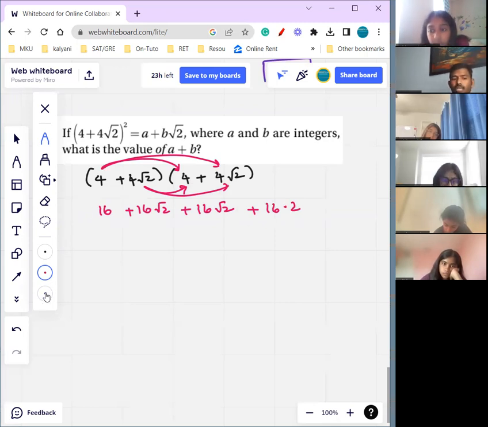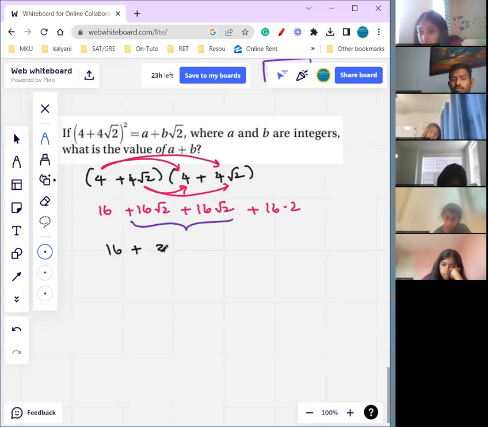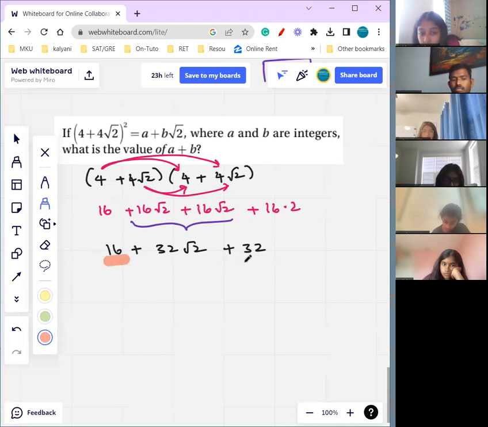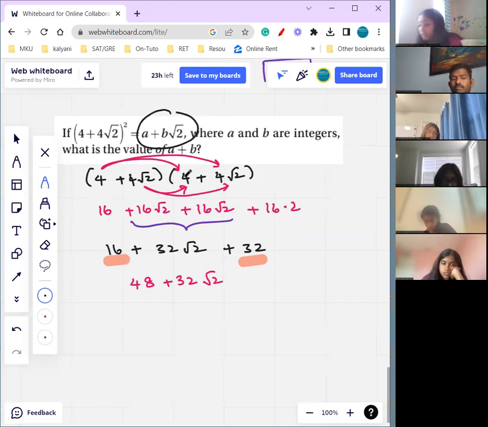And then if you see any like terms, let's combine them together. That is going to be 16 plus 32 radical 2 plus 16 times 2, which is again 32. Now I can combine the like terms again. These two are the like terms. Let's put it together. That's going to be 48 plus 32 radical 2. Now I have to match this with a plus b radical 2.